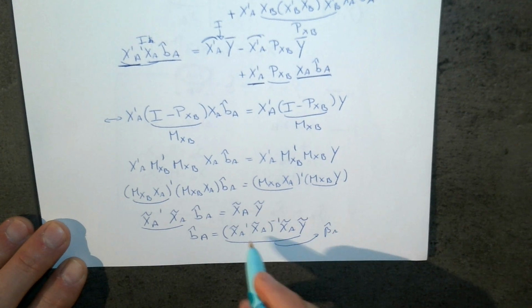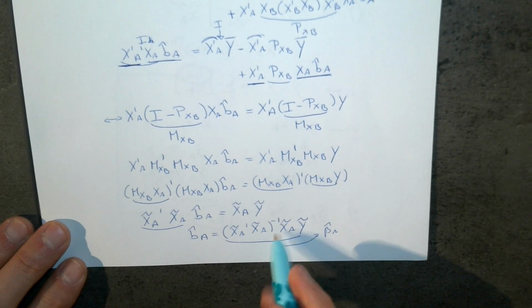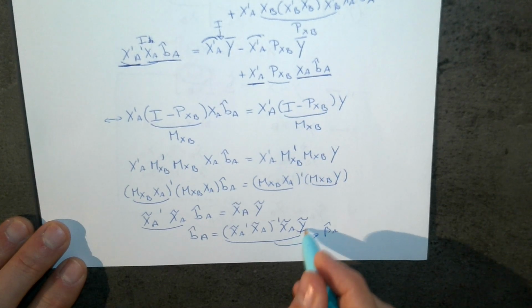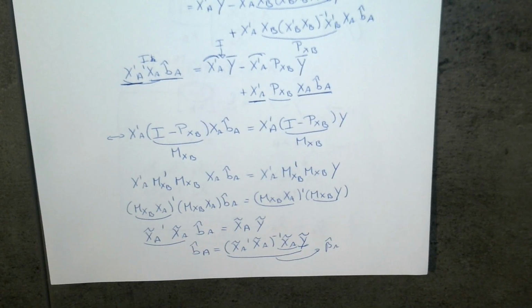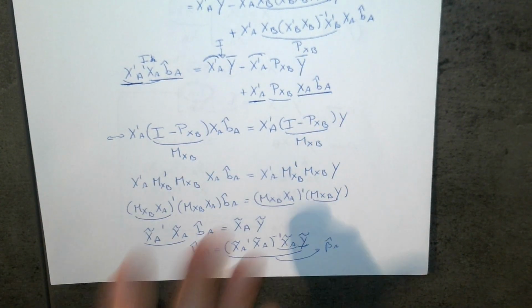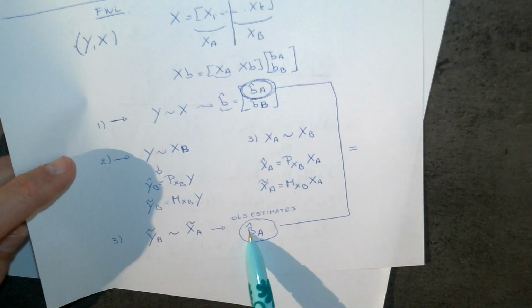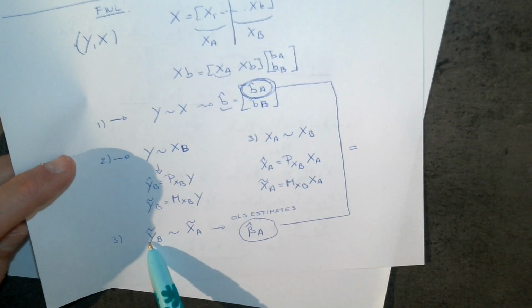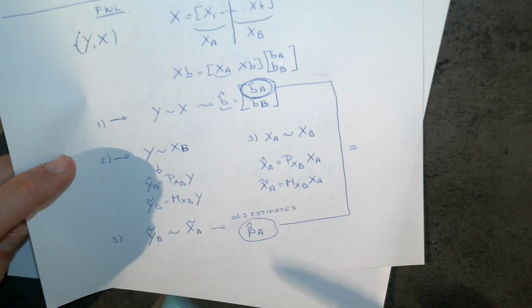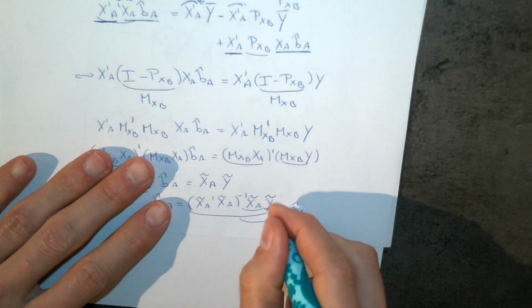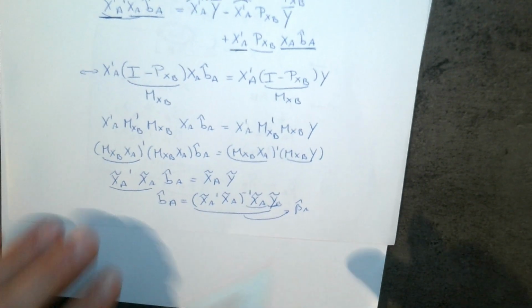This is the coefficient that I get after regressing y tilde on x tilde a. So this is basically the Frisch-Waugh-Lovell theorem that says that b hat a is equal to the beta hat a that you get after regressing y tilde on x tilde a.